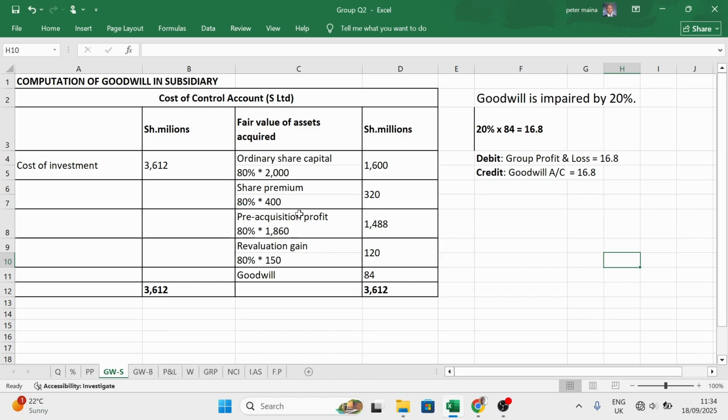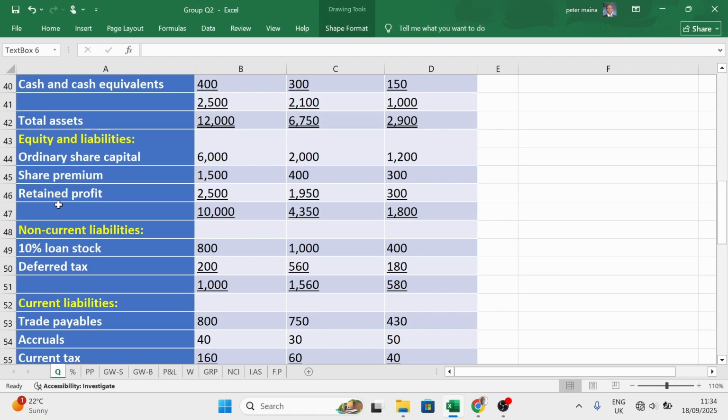So when it comes to profit, we don't take the whole profit as given in the balance sheet. We take only the pre-acquisition profit. So if you go back to the question, the retained profit 1950 is made up of both post-acquisition profit and pre-acquisition profit.